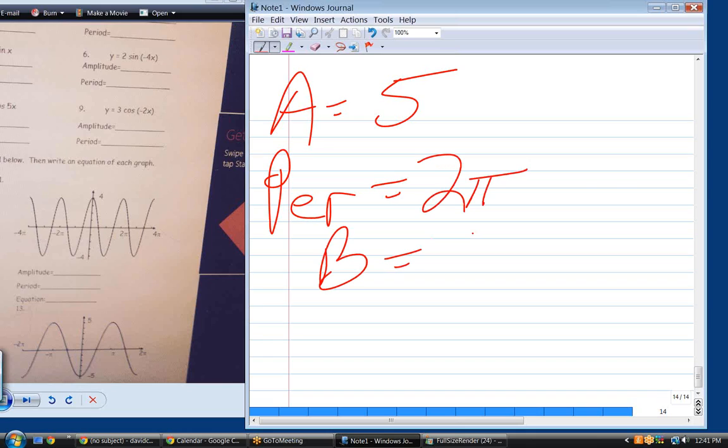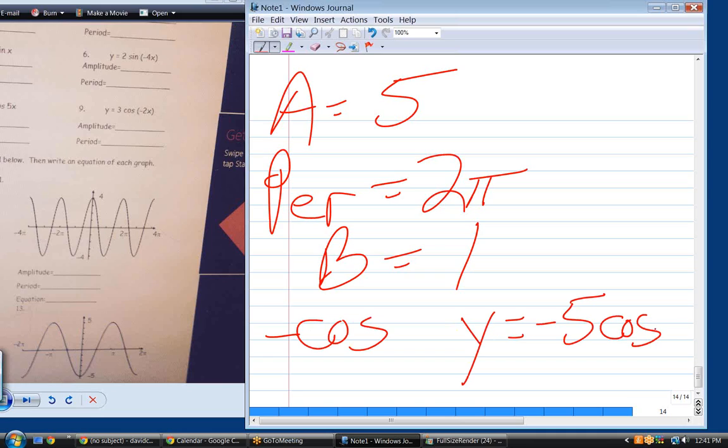That's 2 pi over 2 pi, so 1. And what are we looking at? Sine, negative sine, cosine, or negative cosine? A negative cosine. So what's the equation? Y equals negative 5 cosine x. Very good.